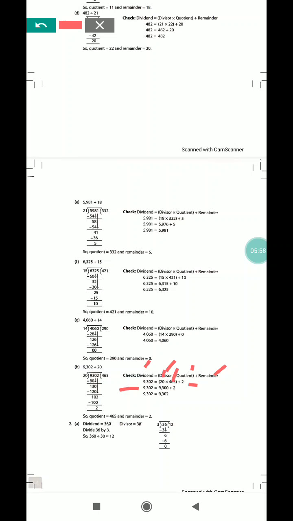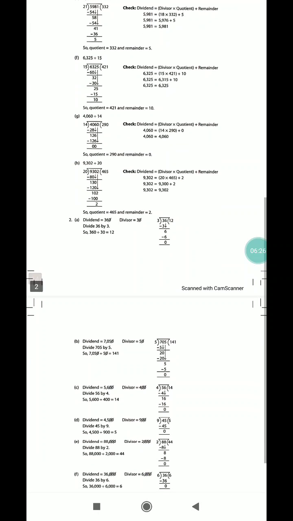So after calculating, we have got 9300, which we get after multiplying 20 into 465, plus 2. Both the numbers we have got, 9302 equals 9302. So quotient equals 465 and remainder equals 2, and this is the required answer for our sum.